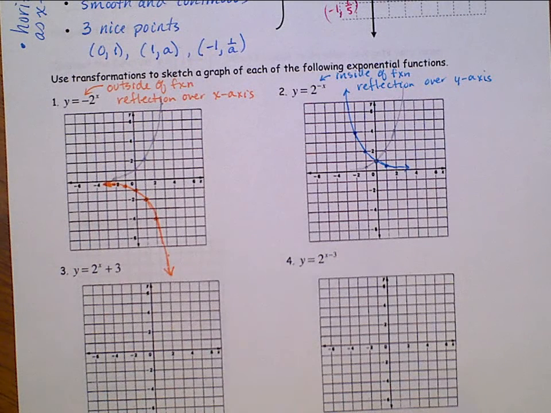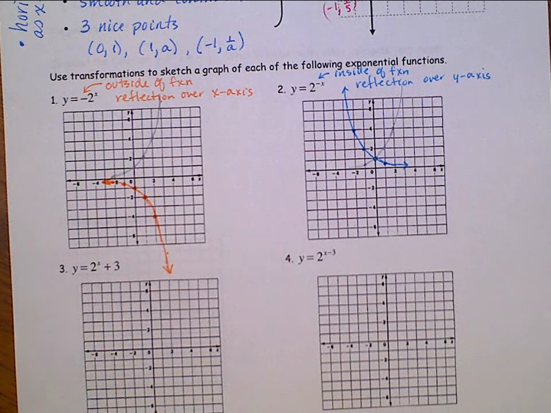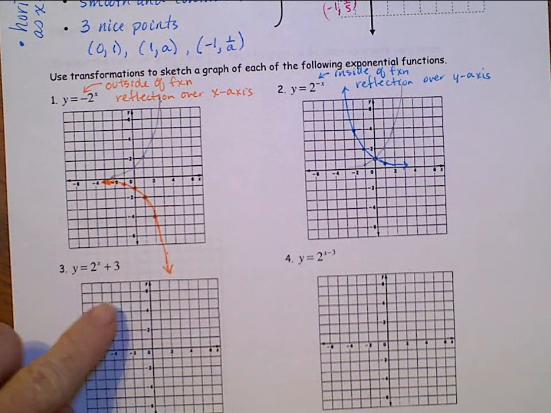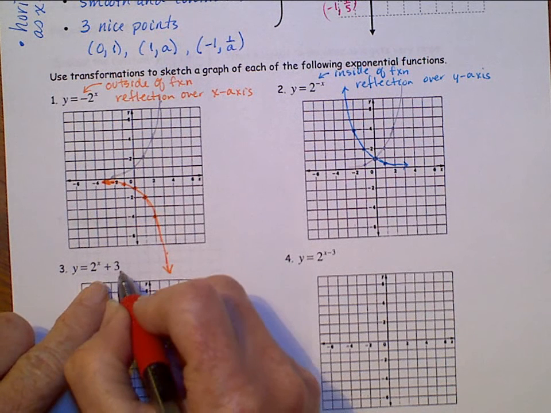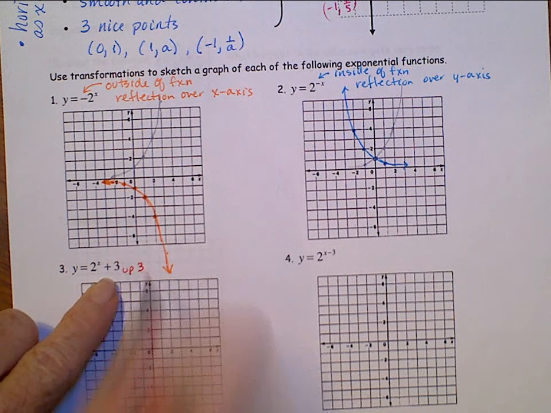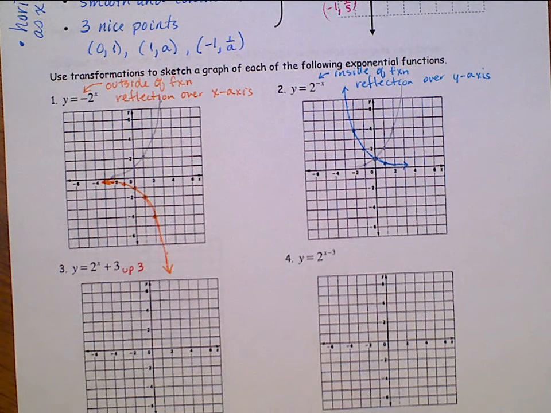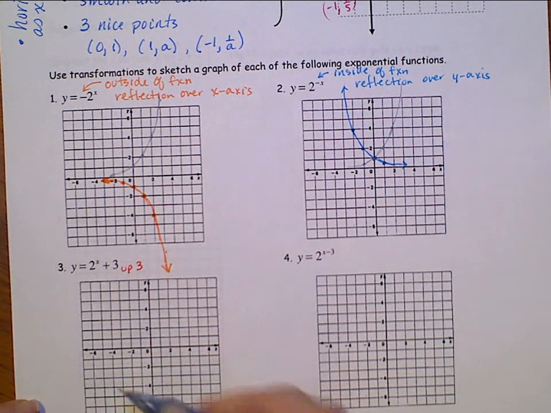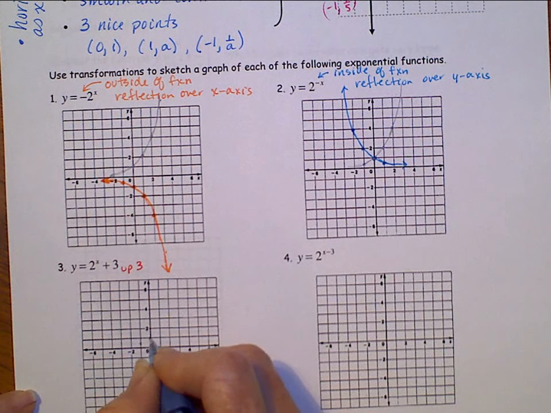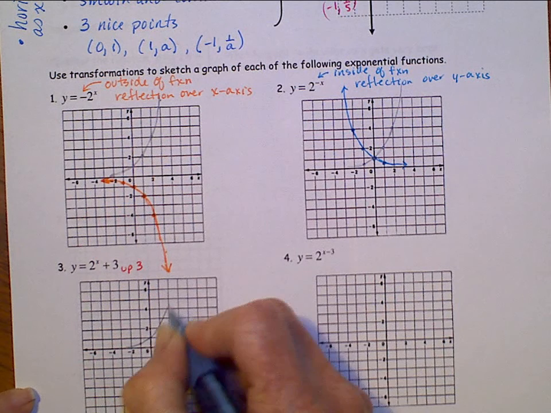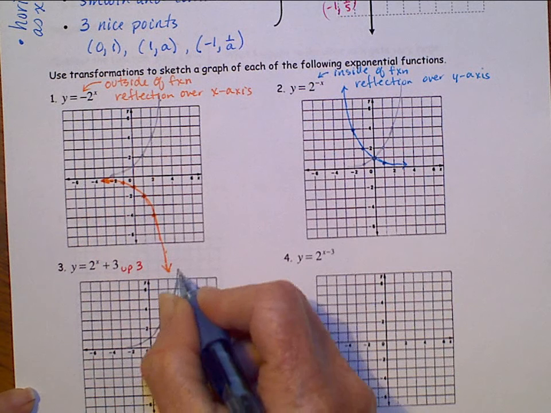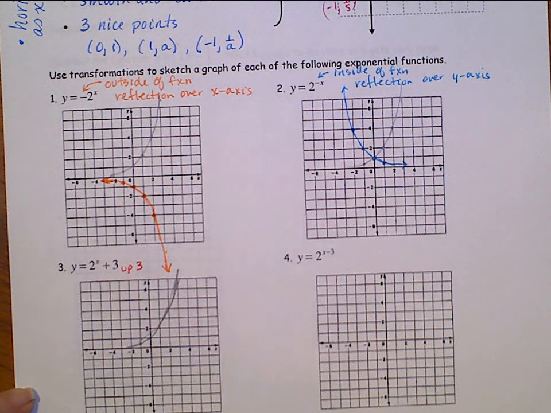All right, look at this next one. y equals 2 to the x plus 3. This plus 3 out here, what does that do? That shifts our graph up 3. So y equals 2 to the x, like this. Let's shift up 3 units.